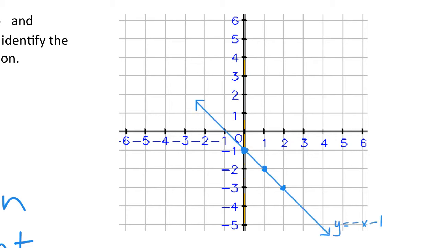So here is the line for the equation y equals negative x minus 1. Because we are going to be plotting two lines on the same grid to find the point of intersection, a good suggestion would be to label your line, and I labeled my line with the actual equation for this particular line.